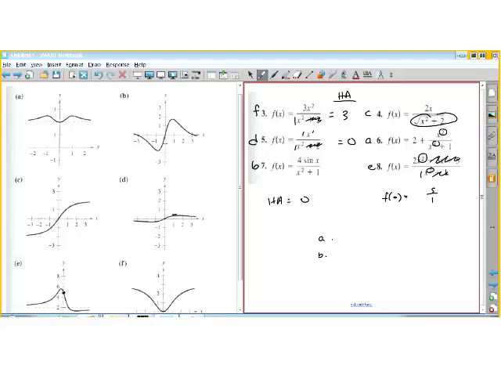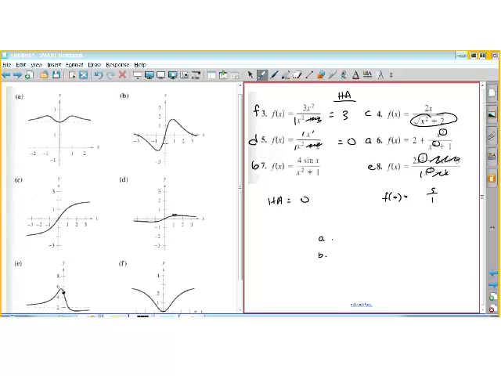This one had that square root thing in there, so we can pick that one out where it's not the same on both sides of the origin. 5 was D because it had a horizontal asymptote of 0, and the value of the function at, say, x equals 1 was a third, and this one was a third, but this one was not a third, so that didn't work out, so it must be D. 6 was 2, the value of the function was 2, and the horizontal asymptote is 2 because this part goes to 0. So the only one that has that characteristic is A.